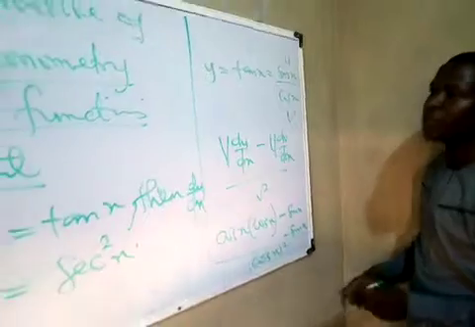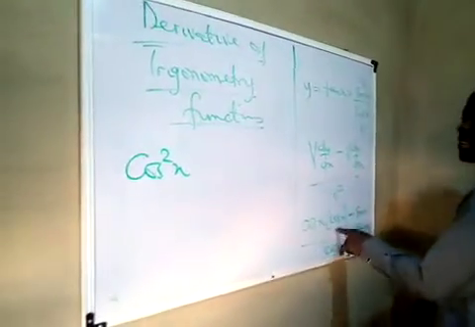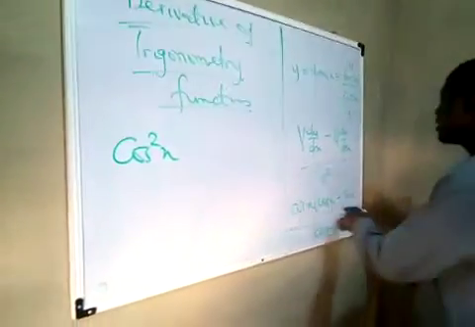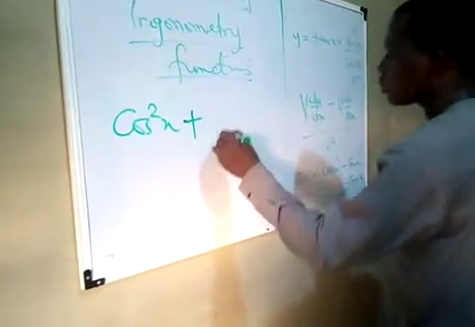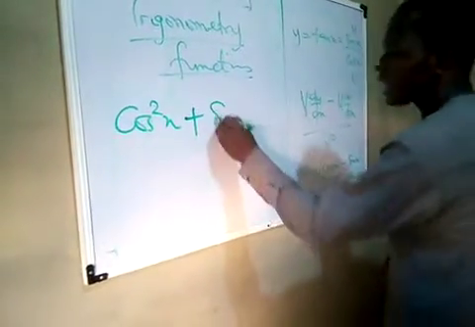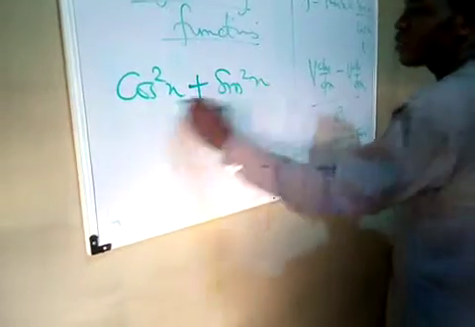So finally, what are we going to have? Cos x times cos x will give us cos squared x. Minus sine x times minus sine x will give us plus, because minus times minus will give us plus sine squared x, all over cos squared x.